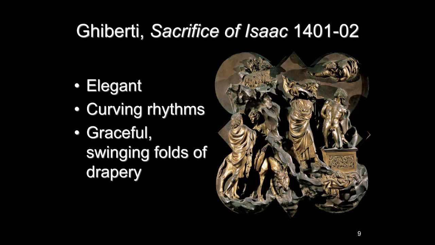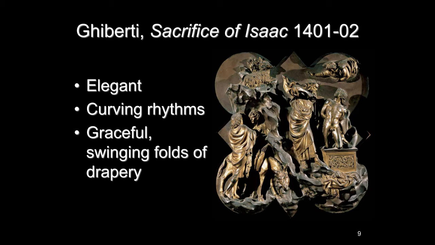Ghiberti's sacrifice of Isaac is very different. As you can see, the servants are not in front. They have their own little section, and they're divided from the main scene by a kind of curving rock wall. And we're not looking directly at the donkey.